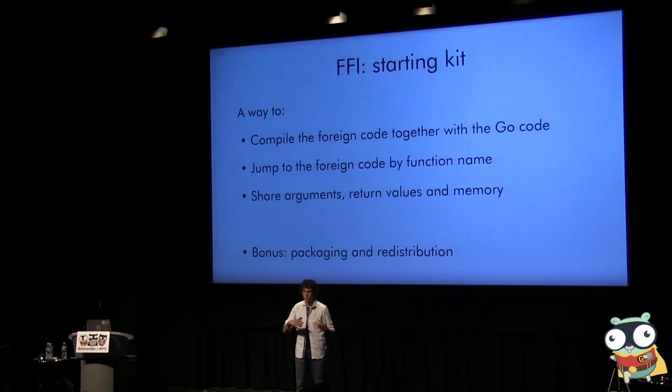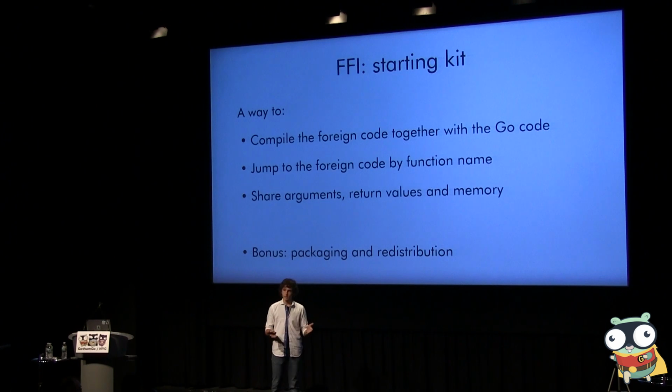You need some way to tell the Go code what function you want to call from outside Go world. And finally, you need a way for those two functions to share arguments, share return values, and share memory. They need to agree on where they will find each of those and how they will treat them. Make sense?